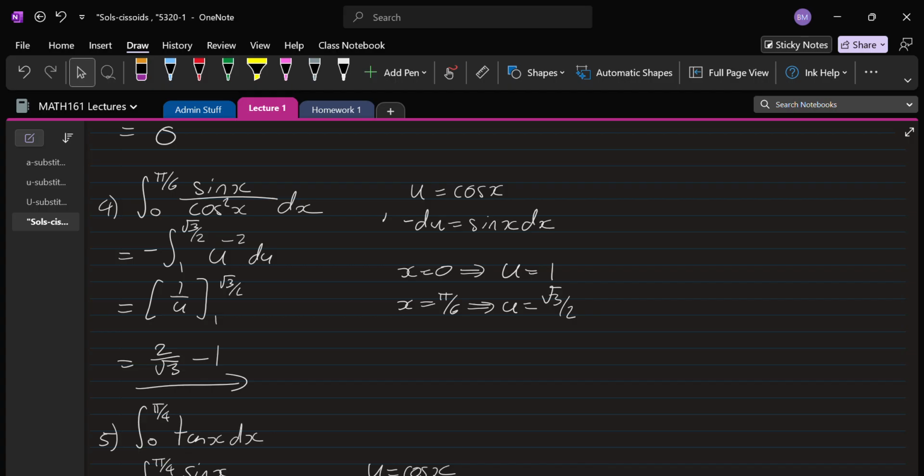You might get the same answer, but your working might be a bit more complicated. There's no fixed rules on that. It just comes with practice. So try it out the other way. Say u equals cos squared, see what you get. And when you do it both ways, you'll learn, don't do it this way, do it this way. Then when you see something like this later on, you know immediately what to do.